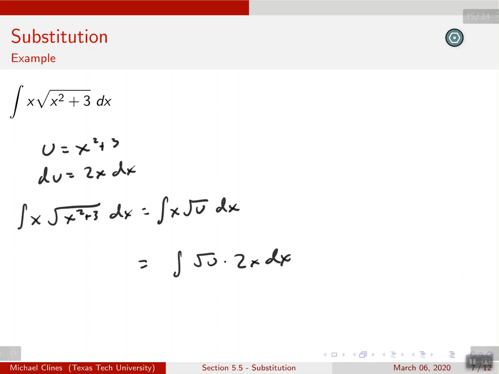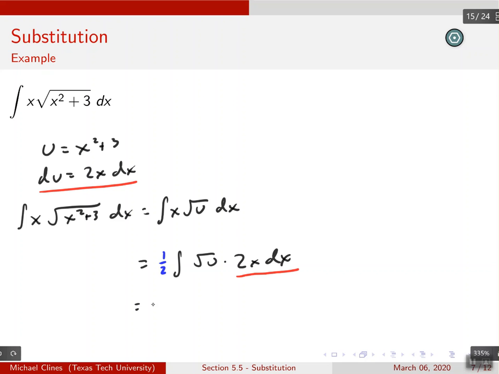But I can't just stick 2's into places and move on with my life. I have to multiply by 1/2 out in front. Well, I'll multiply by 2, then I also need to multiply by 1/2. I have to undo myself. And why did we do this? Because du is equal to 2x dx, and now we have a 2x dx inside.